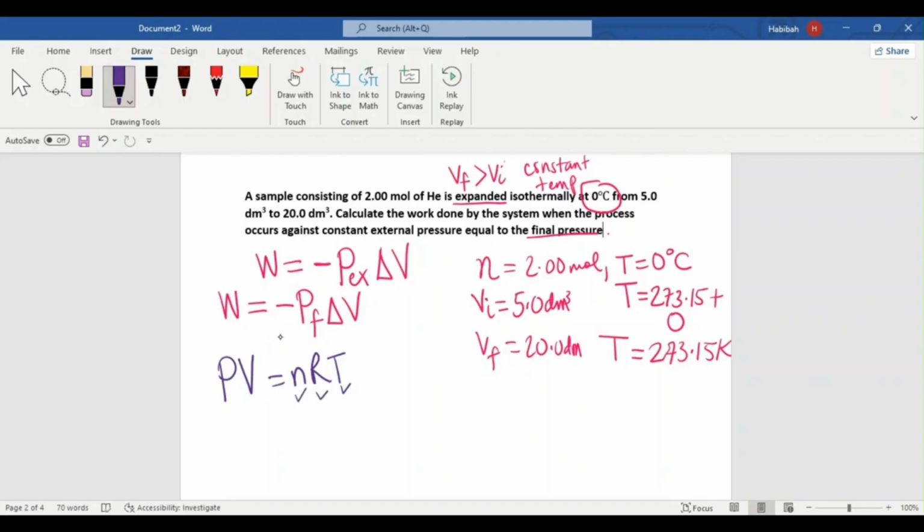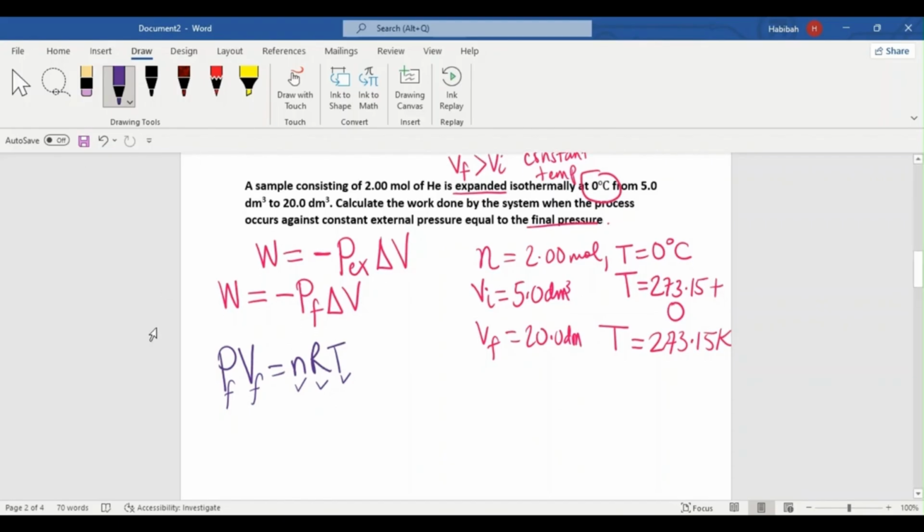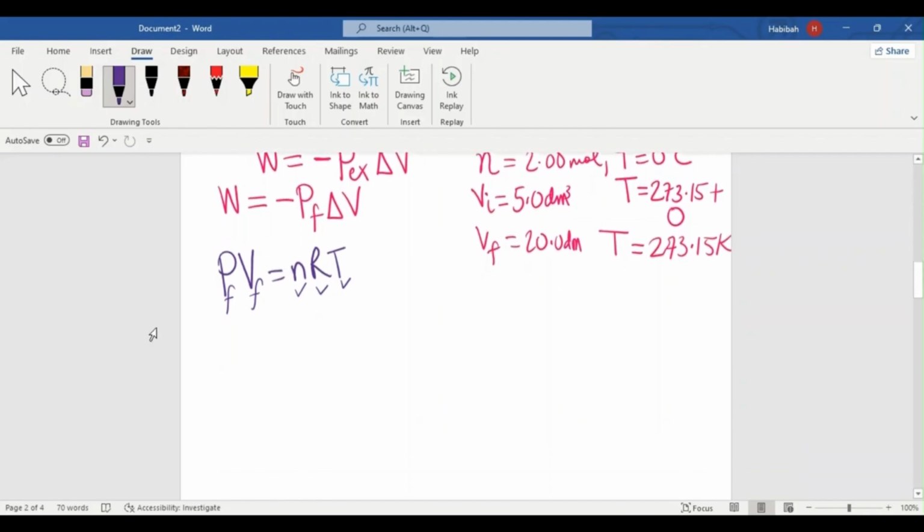The only thing that really changes is that we have an initial volume and a final volume, and our question is telling us to look for the final pressure. So we have P final. We have two values for volume, the initial volume and the final volume. We're going to use the final volume here because we're dealing with the final part of the process.